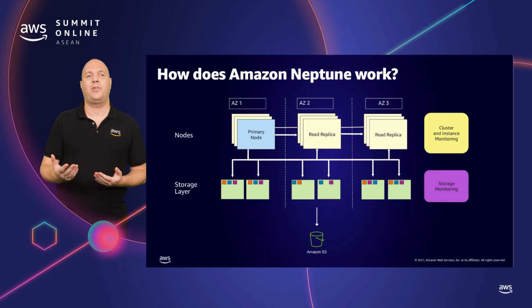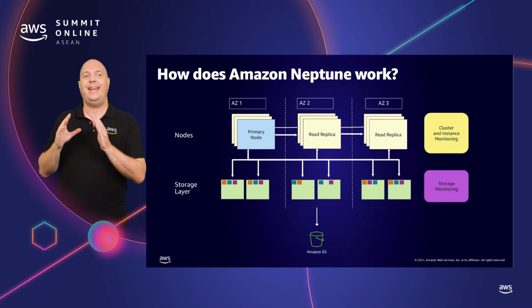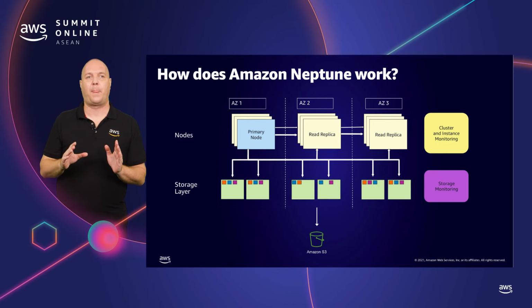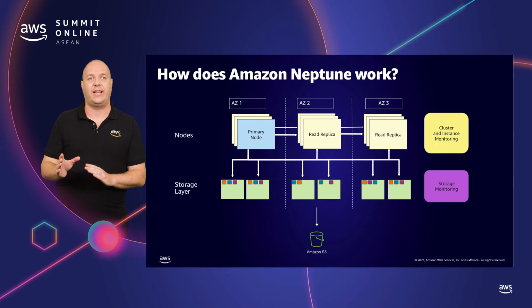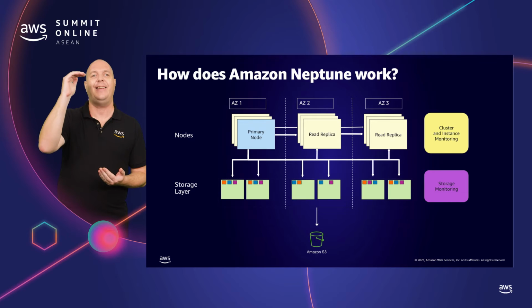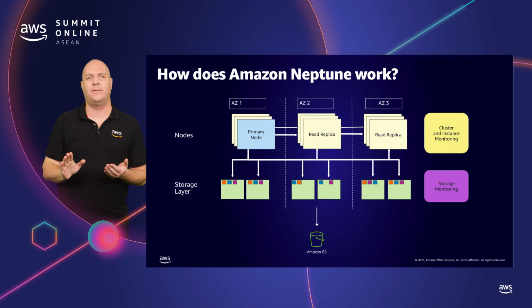Let's look at Amazon Neptune and what it offers in the space of graph databases. Amazon Neptune is delivered as a managed service. And as a managed service, it sits on top of a cloud-native storage layer that is shown in the lower half of the screen. Data is stored in 6 copies across 3 availability zones, and this gives you both high availability and durability of data.